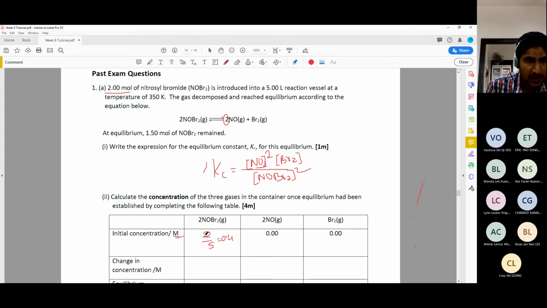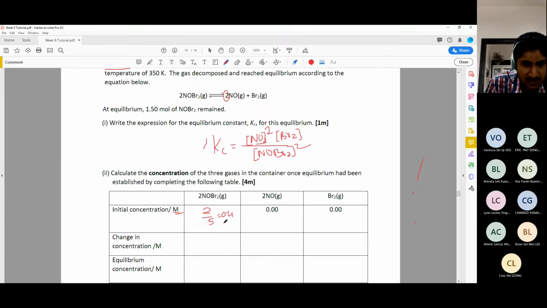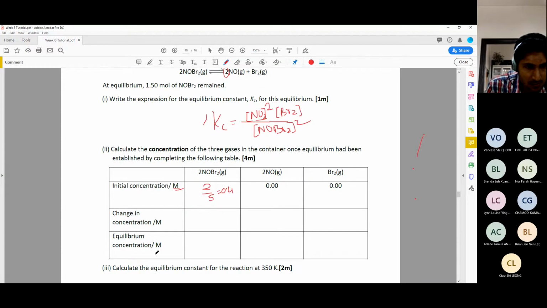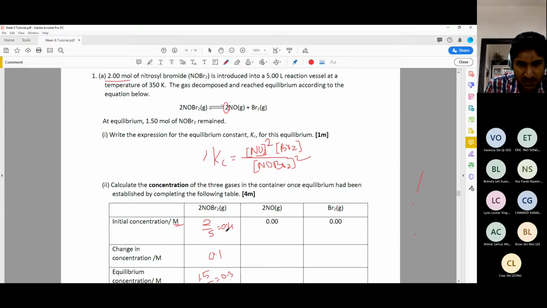And at equilibrium, 1.5 moles of nitrosyl bromide remained, so the equilibrium concentration is 1.5 over 5, which is 0.3 molar. So how much has been used? Of course, 0.1 mole has been used.